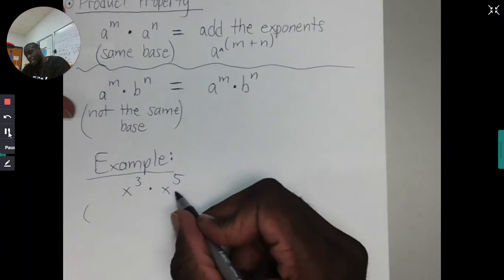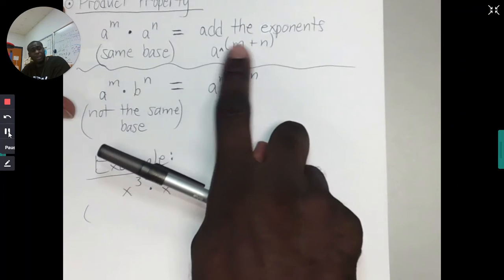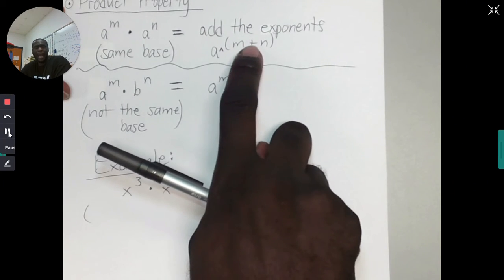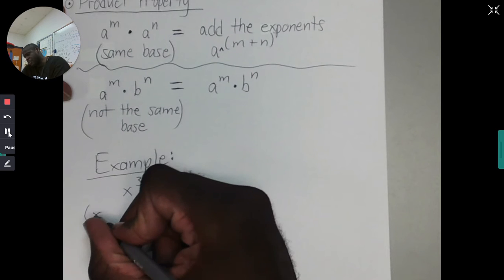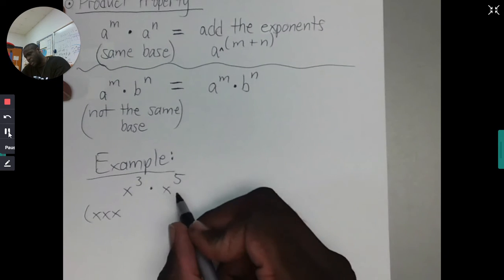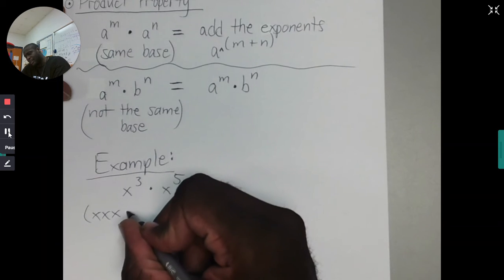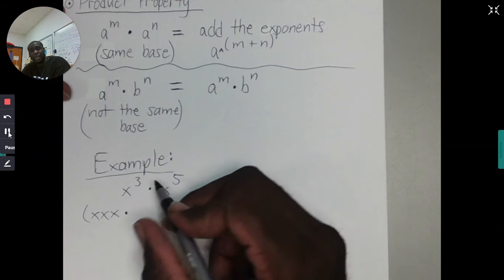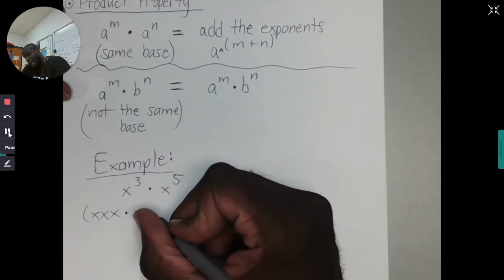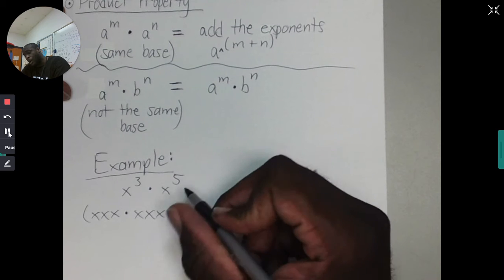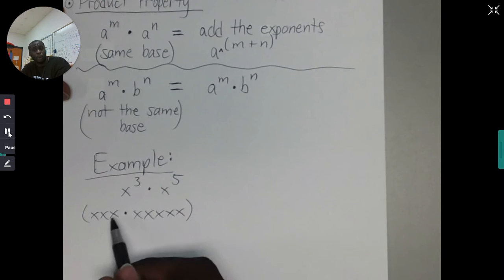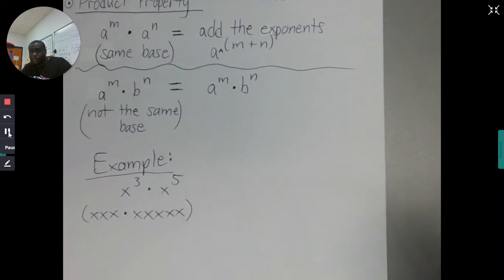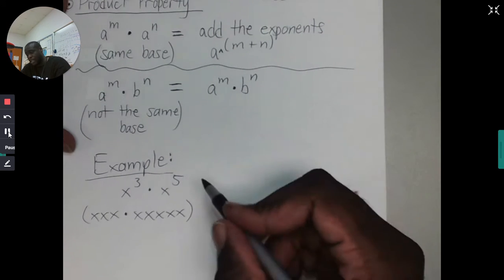Even if you didn't remember to add the exponents, all together, that is a total of how many x's? That's a total of 8 x's.